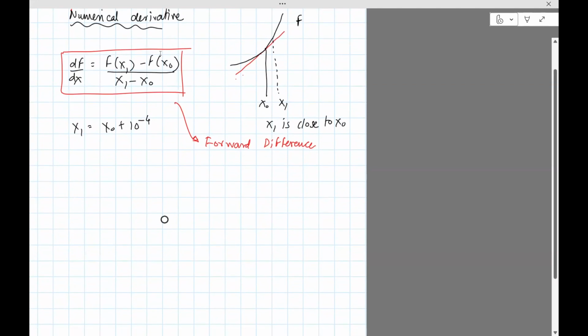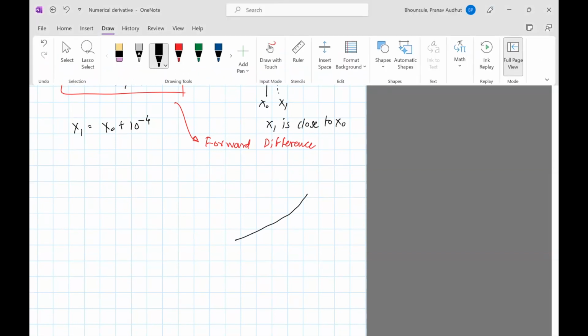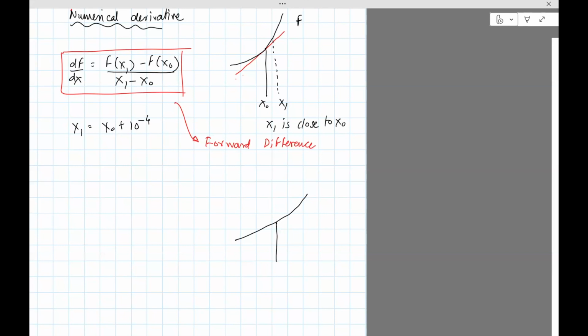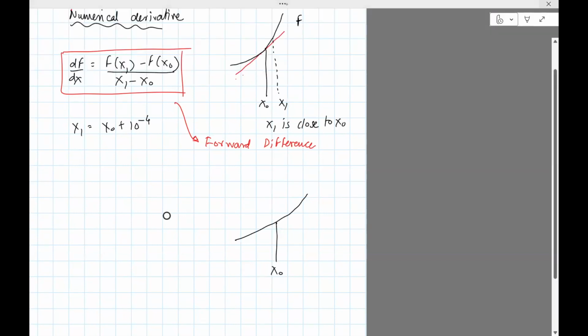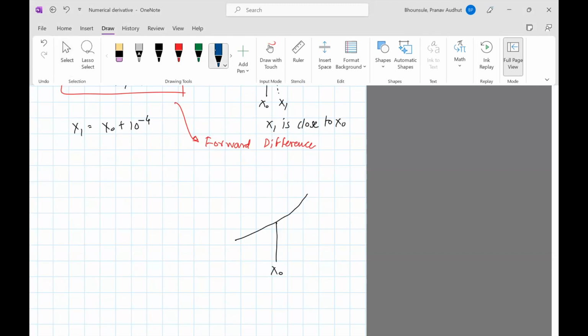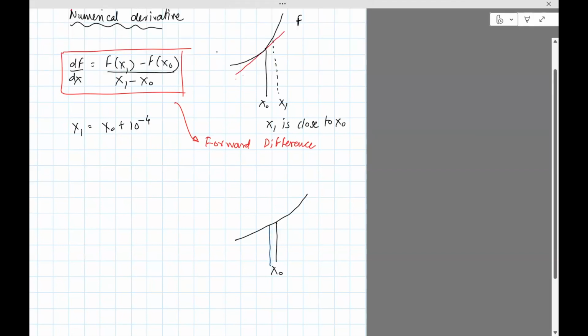One simpler expression, which will give you twice as much accuracy, would be what people call the central difference. So if you have the curve and you're trying to estimate the value at x0, instead of using the point x1 to the right, you use 2 points, one to the left, one to the right.